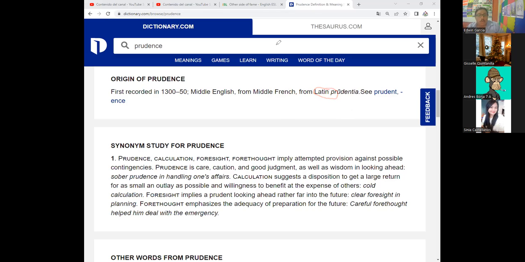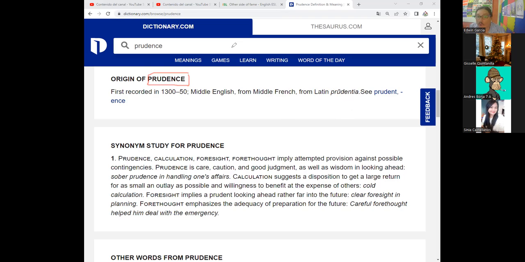Okay, for tomorrow we are going to take a look at another English translation of this verse, Proverbs 8:12, and we are going to look a little at the change in the word. In another translation, you are not going to find prudence in the Bible.